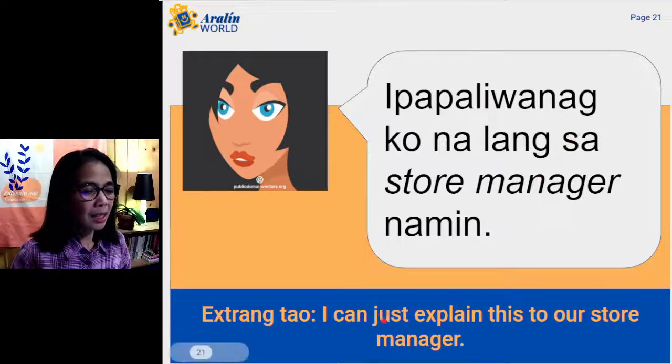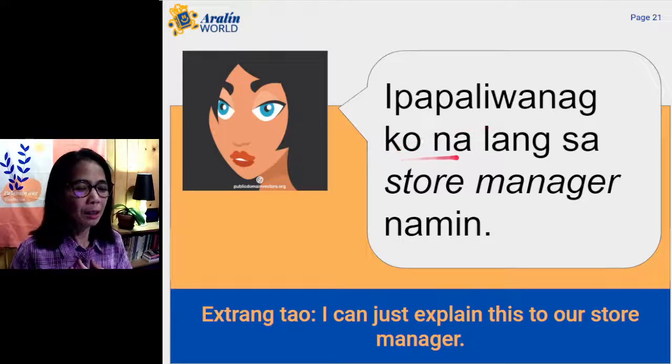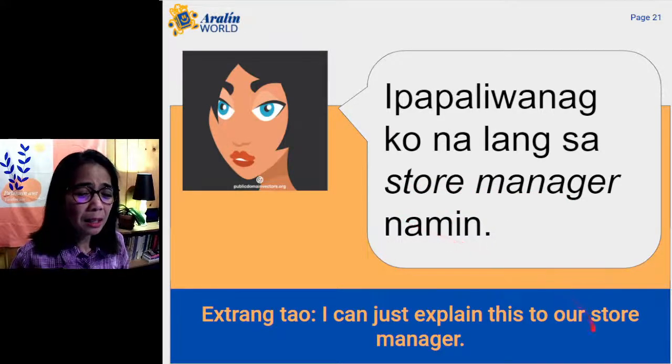So it means I can just explain, or I'm going to explain. Ko for I here. Nalang is just, and then who will receive the explanation, it's the store manager. Namin, our. Store manager namin is the way you say our store manager.